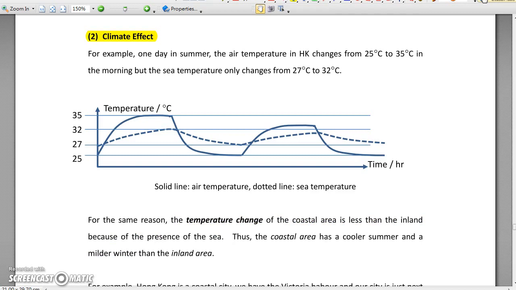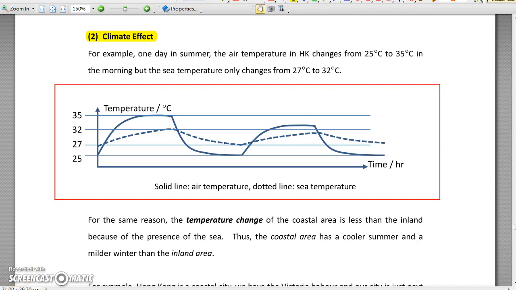First of all, in Hong Kong, in one day, the temperature changes from 25 degrees Celsius to 35 degrees Celsius. However, the sea temperature does not change so much; it changes from 27 degrees Celsius to 32 degrees Celsius only. Why? Because of the high specific heat capacity of water, it's difficult to change the temperature of the sea.